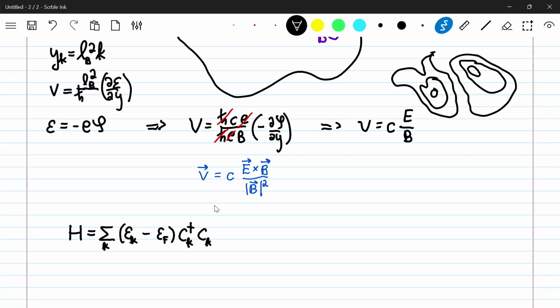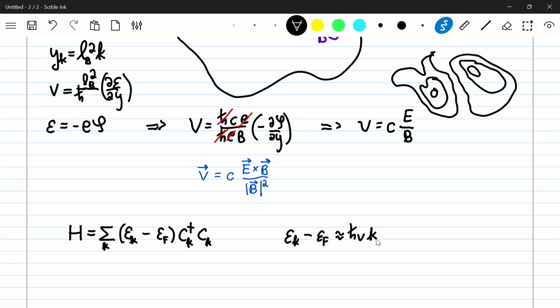But as we saw, near the Fermi energy, we can always approximate it by a linear form, right? Which just gives me a velocity times k. So let's assume that epsilon k is approximately h bar times v times k.